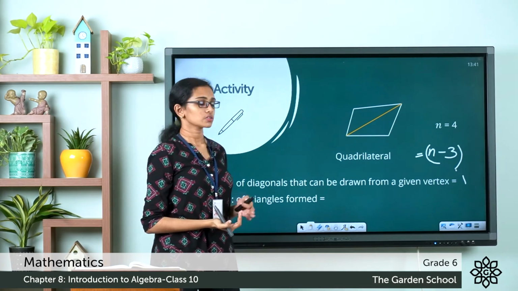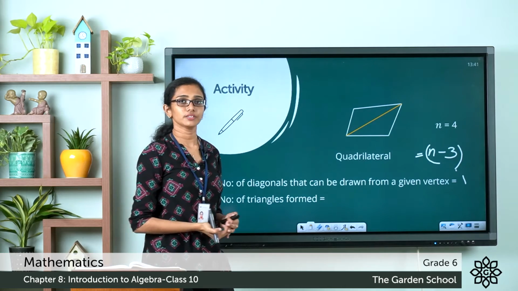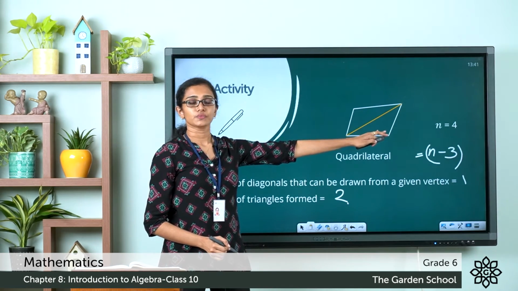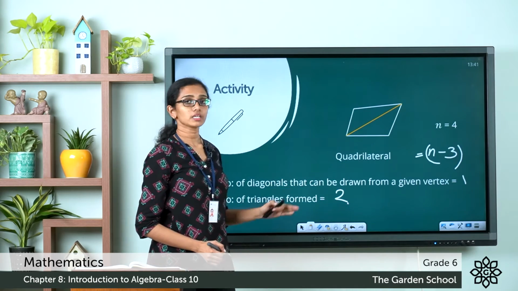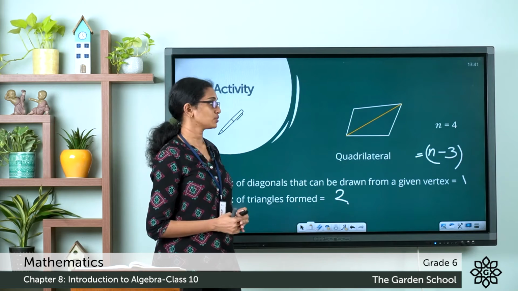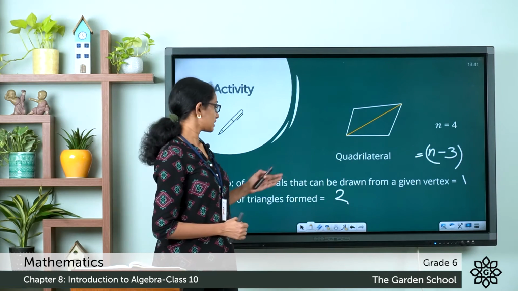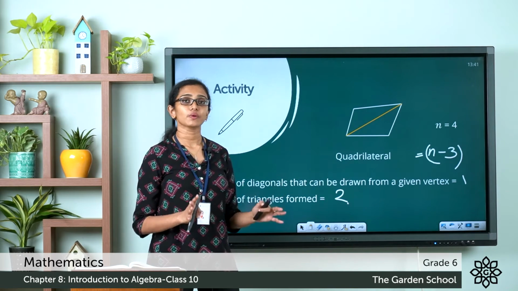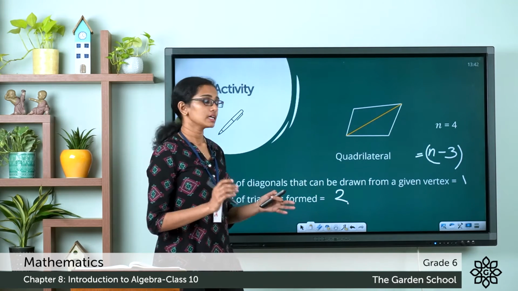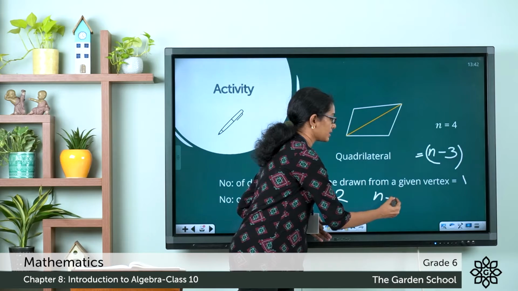So the number of triangles formed is equal to 2. We know the number of sides is 4 and the number of triangles formed is 2. How can you relate 4 and 2? Can we say the number of triangles formed is equal to n minus 2, where n is the number of sides? Let's write n minus 2.